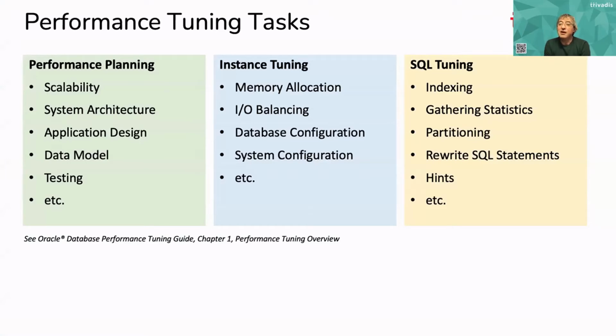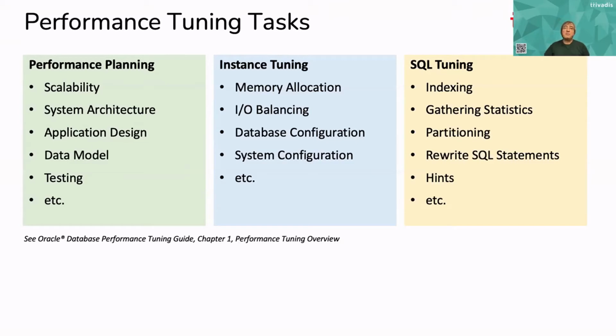When you look at the performance tuning guide of the Oracle documentation, it doesn't matter which version you look at, it's just the introduction chapter. And Oracle says, okay, all the tuning tasks can be split into 3 separate areas. So performance planning, instance tuning, and SQL tuning.